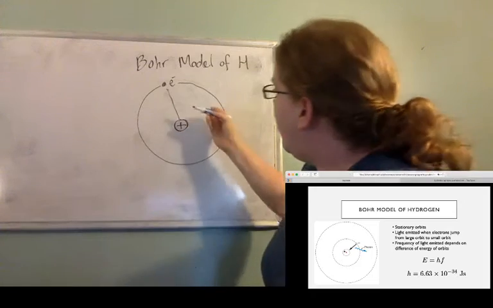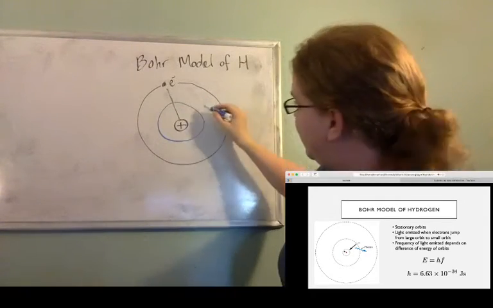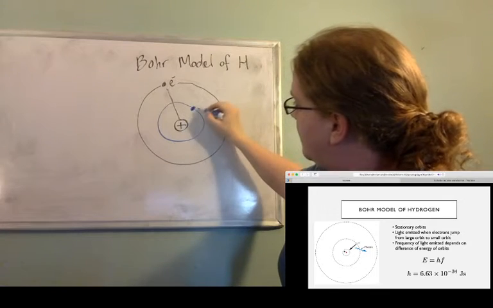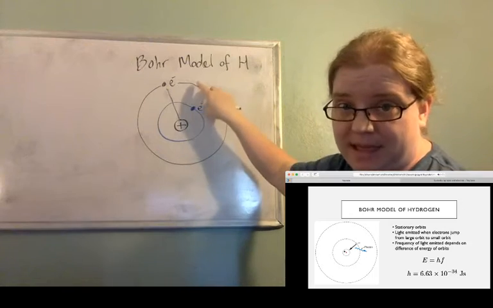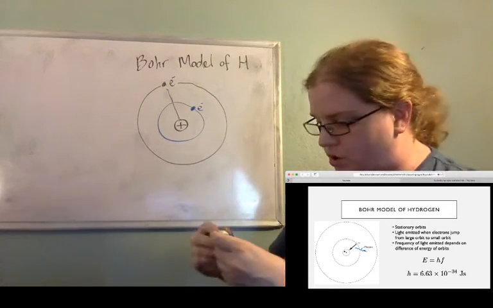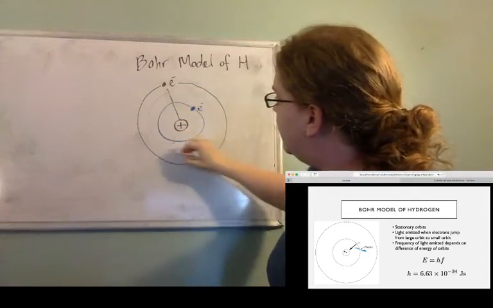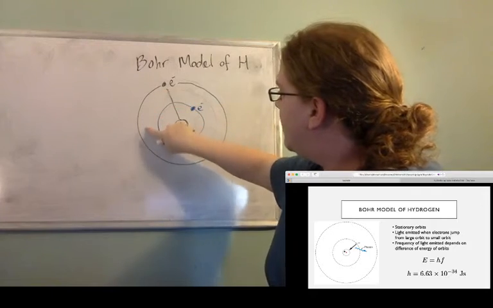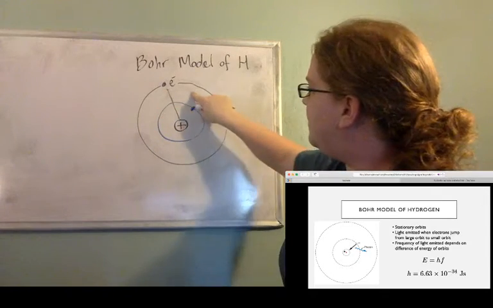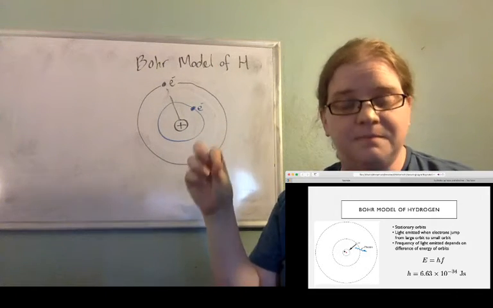Okay? And maybe it's not in that orbit, maybe it's in this one. But it's never in between them. So it could never exist along, like, here. That's just not allowed. So this is how Bohr solved the issue of the electron spiraling in.